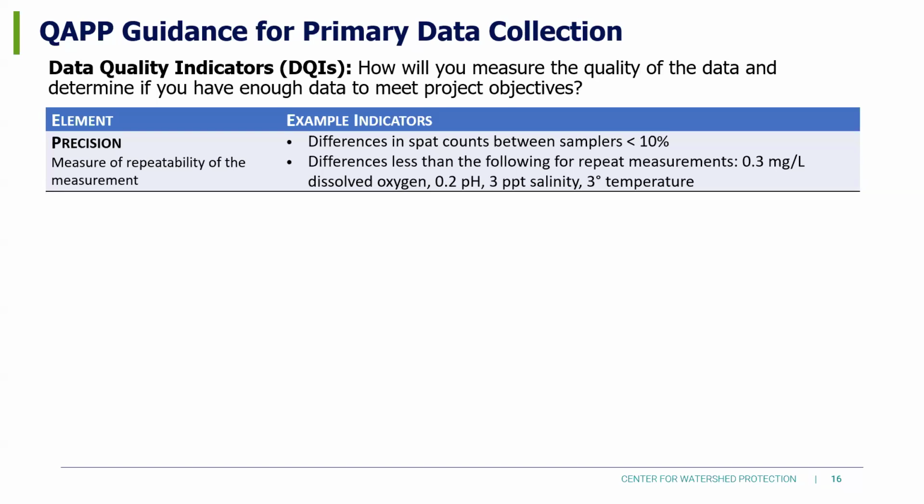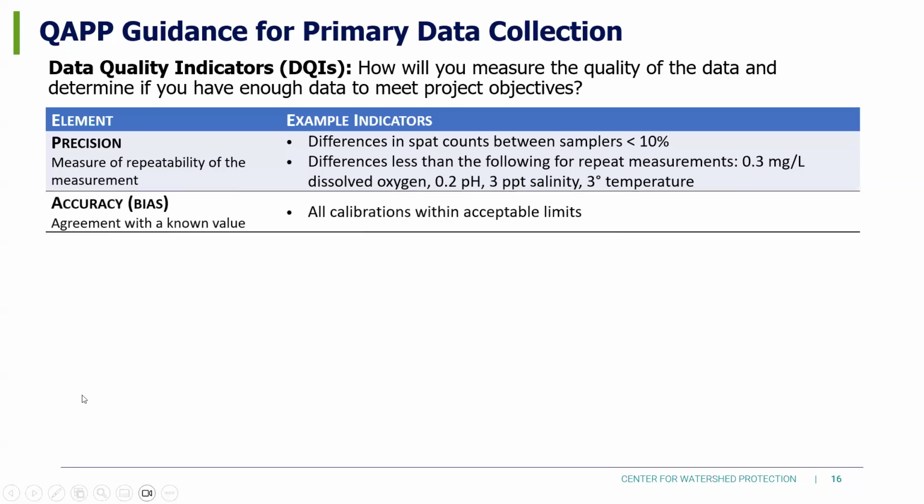Another indicator would be differences less than the following for repeat measurements, such as less than 0.3 milligrams per liter in dissolved oxygen difference between repeat samples, or less than 0.2 in pH between samples, etc.